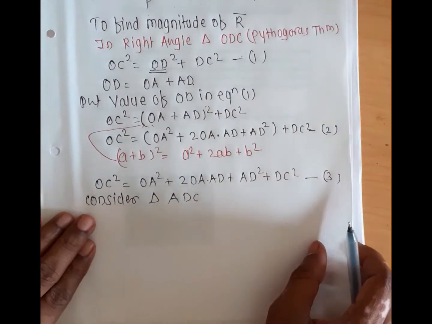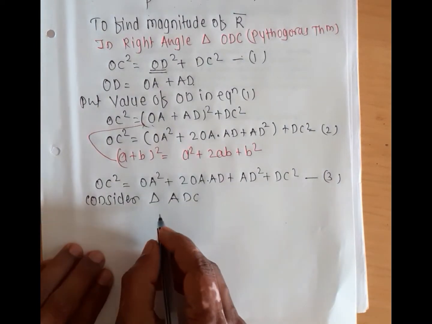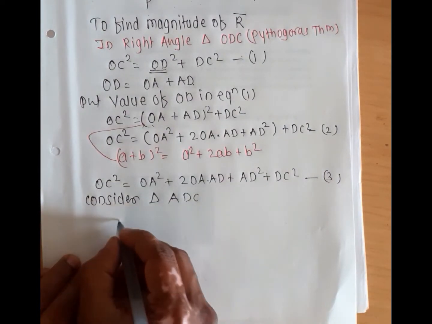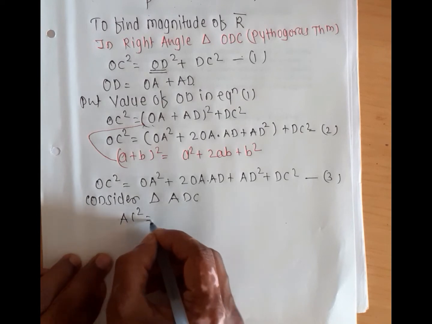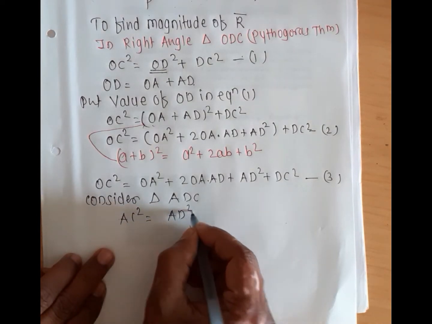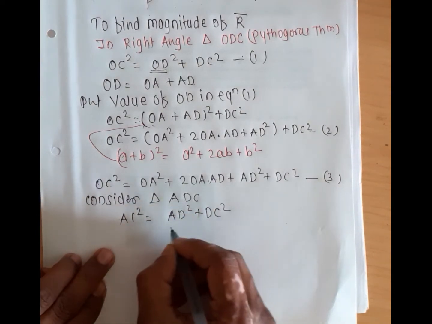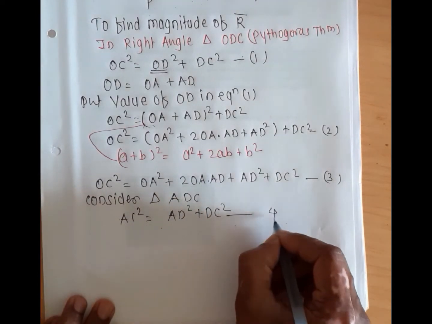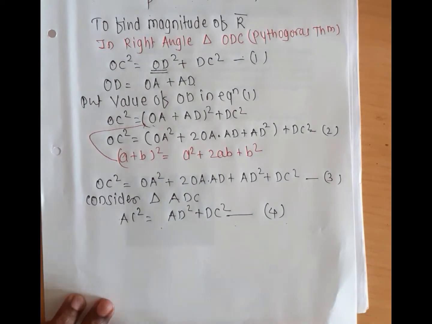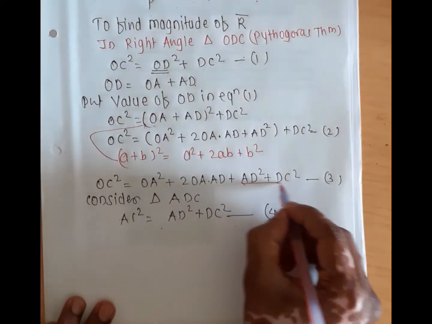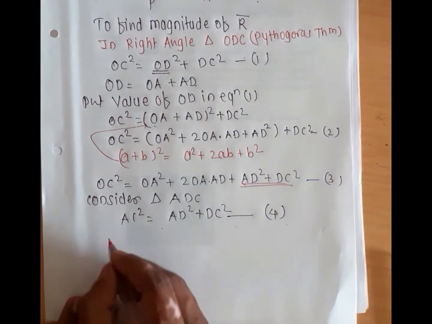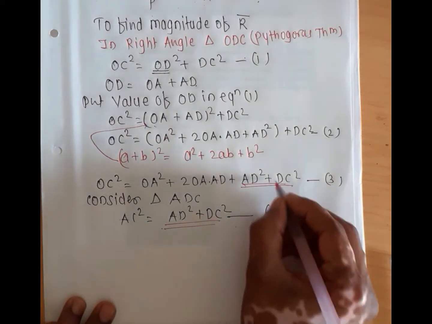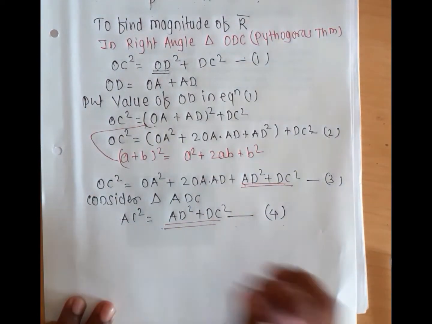Consider triangle ADC. Now we consider another triangle ADC. There AC is the diagonal, so AC square is equal to AD square plus DC square: first side square plus second side square. So now this is equation number 4. See here, here is AD square plus DC square. So instead of this, we substitute this value.